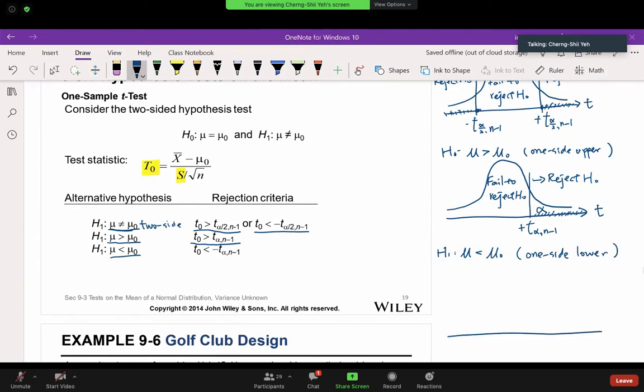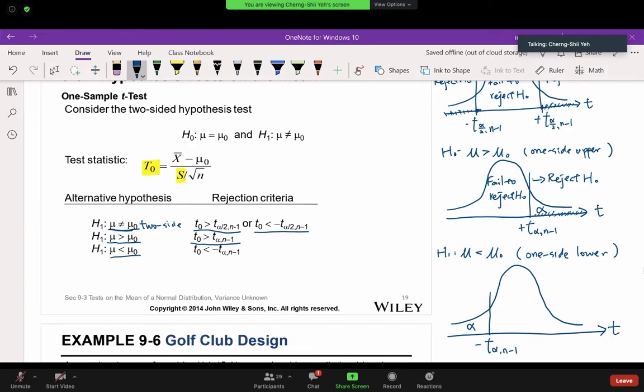Same thing, I'm going to sketch a t distribution. In this case, I have a lower bound. What is the probability below this lower bound? Alpha. So this critical value is negative t, probability alpha, degrees of freedom n minus 1.